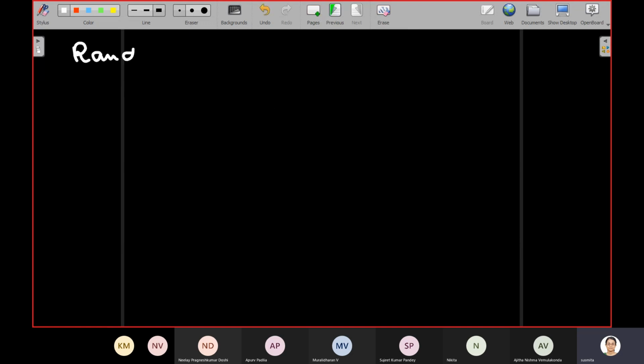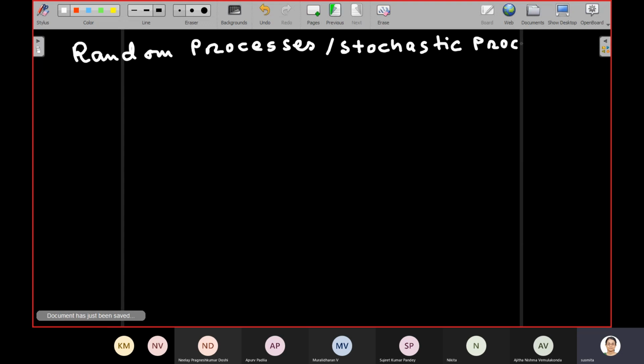Okay. Next, we are going to extend the concept of random vectors to random processes. These are also called stochastic processes. So how do you define a random process? Now if you consider a random vector which evolves in time, it becomes a random process. So in case of a random process, we do not simply write x bar.